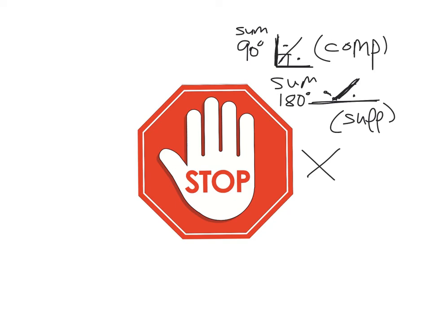And then the last one that we did is we looked at two lines that are intersecting, where those vertices point to each other. That gives you an opposite relationship, and we can say that they're equal, right?